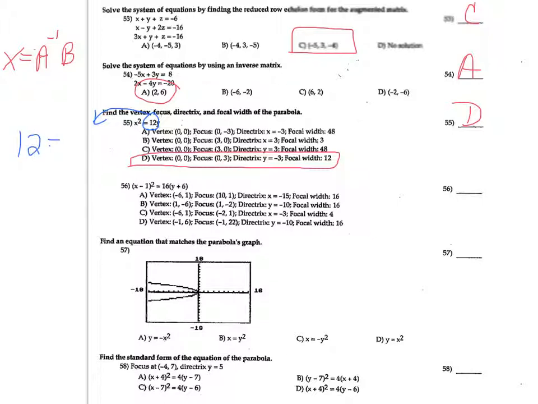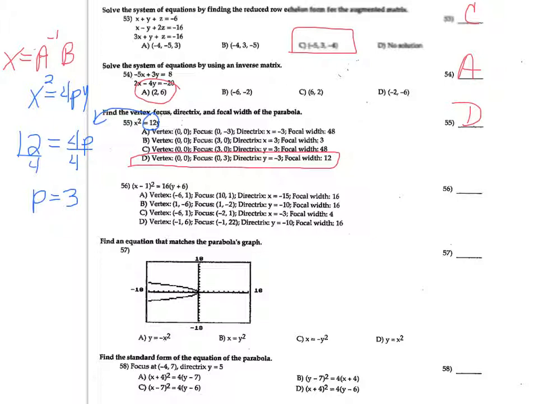Okay, so what is the 12 representing? 12 is supposed to be on the formula. When you have the formula x squared equals 4py, that's the general formula for parabolas. So the 4p is represented by 12. And when you want to solve for p, you just divide by 4. So p equals 3.